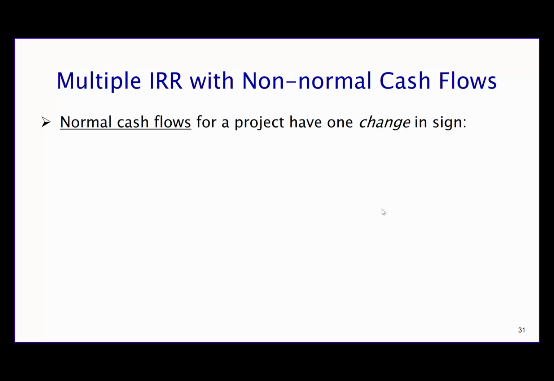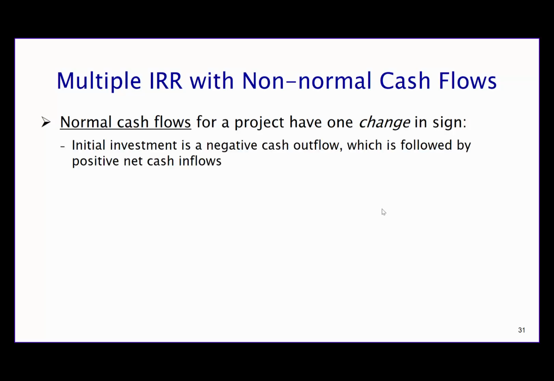Let's move on now to the second advantage of the NPV technique, and it has to do with this concept of getting multiple IRRs. Depending on the number of sign changes, I'll explain that in a second, you can get more than one IRR. Let's define what we mean by normal cash flows. Normal cash flows for a project would have one change in sign.